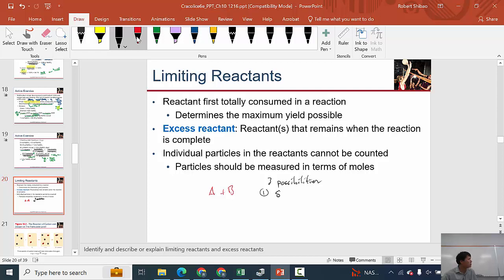Possibility one is it's stoichiometric. That is, we have stoichiometric quantities, which means we have just the right amount of A and just the right amount of B to react.